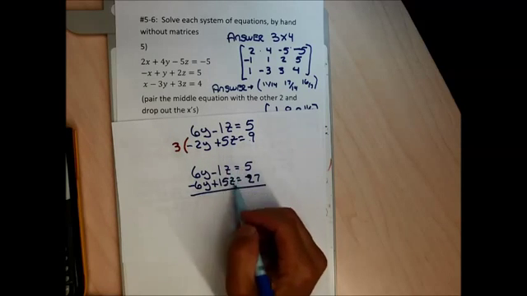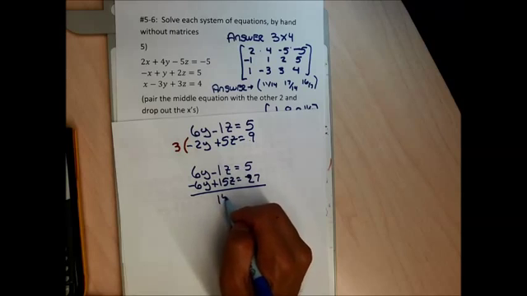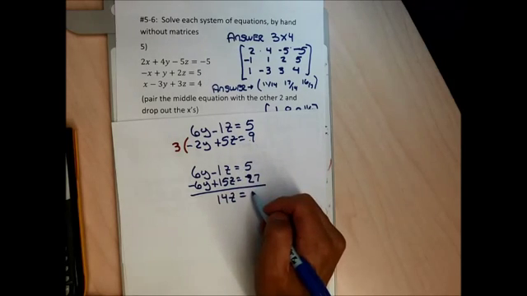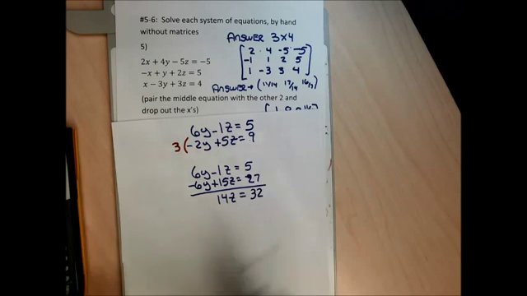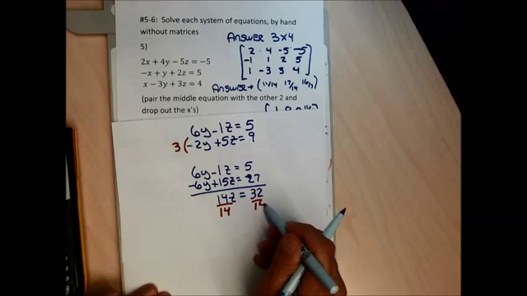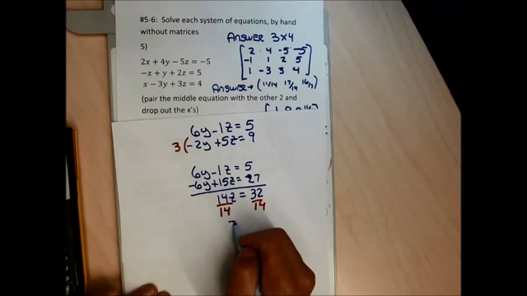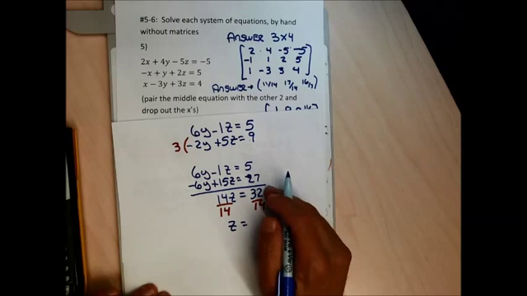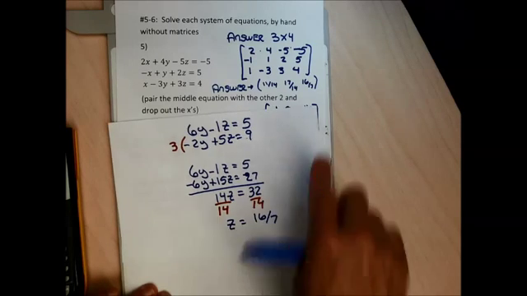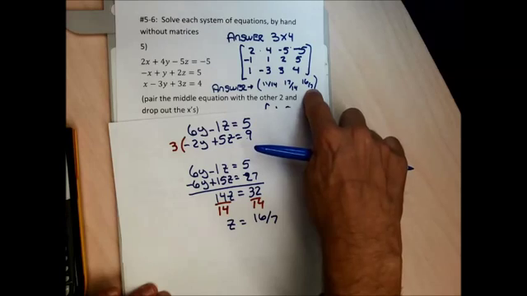Add these up, I'm going to get 14z equals 27 plus 5, which is 32. And then I'm going to divide both sides by 14. The left side I get z. The right side, 32 divided by 2 is 16, 14 divided by 2 is 7. It's part of my correct answer.